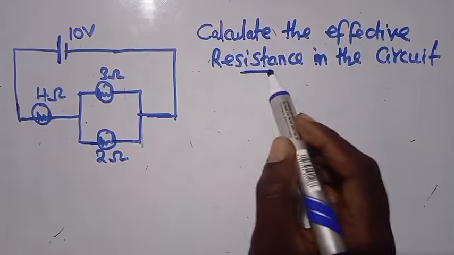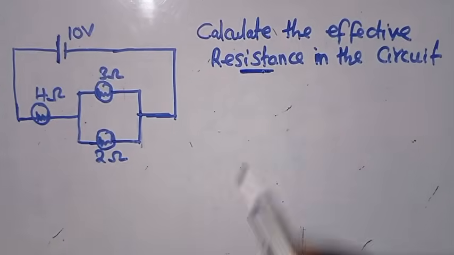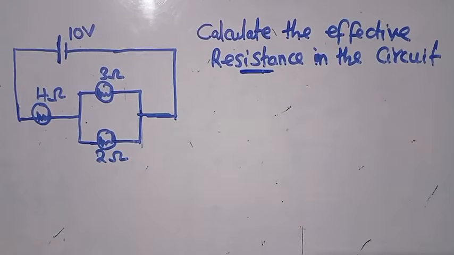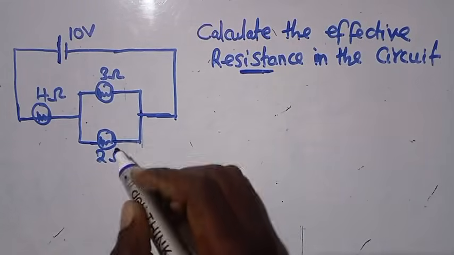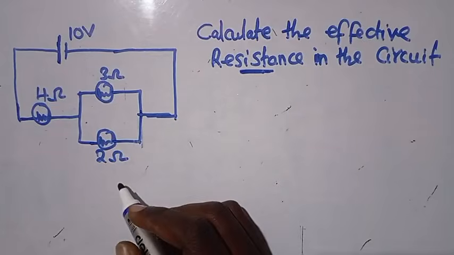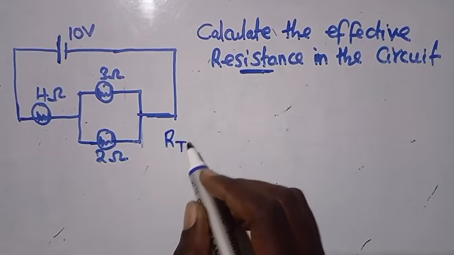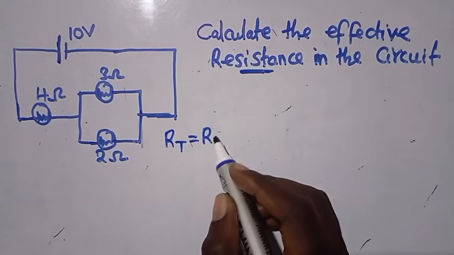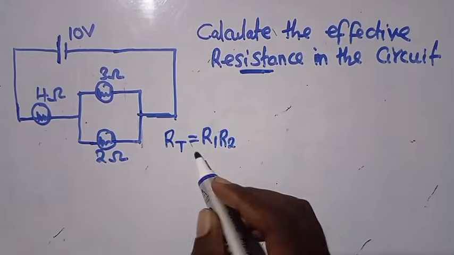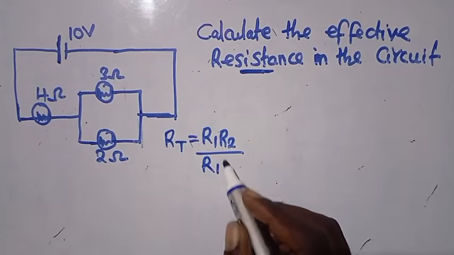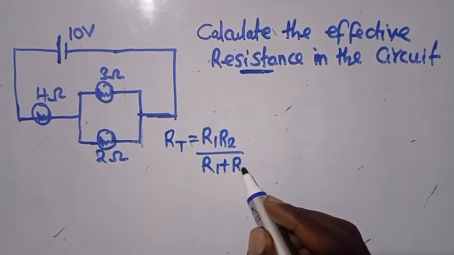Whenever we are talking about resistance, this is just the opposition to the flow of charge. This is what you need to know and understand. So to find the total resistance here, I need to say total resistance is equal to resistor 1 times resistor 2, over resistor 1 plus resistor 2.